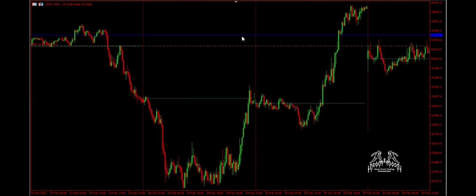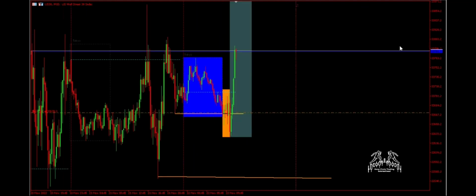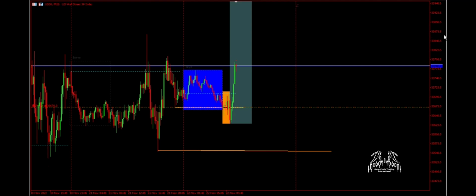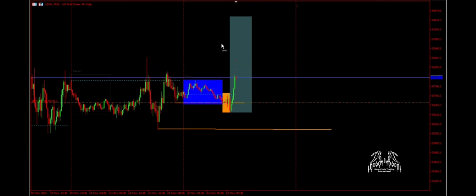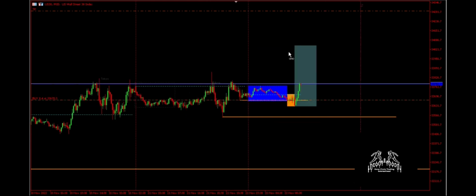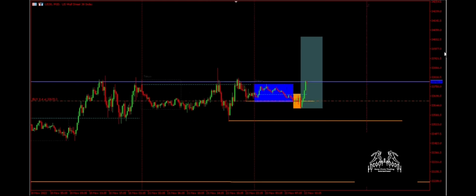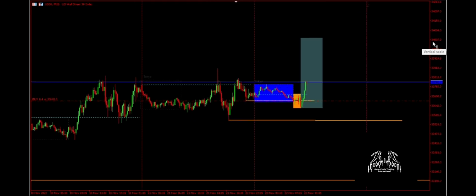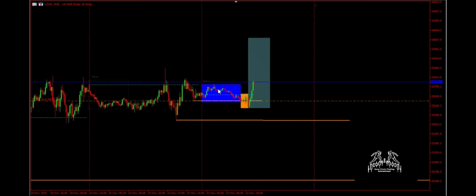It is framed on higher time frame. And if it is framed on higher time frame, then on the lower time frame we anticipate looking for the power of three, the accumulation, where institutions accumulate orders, and there's liquidity above and below.